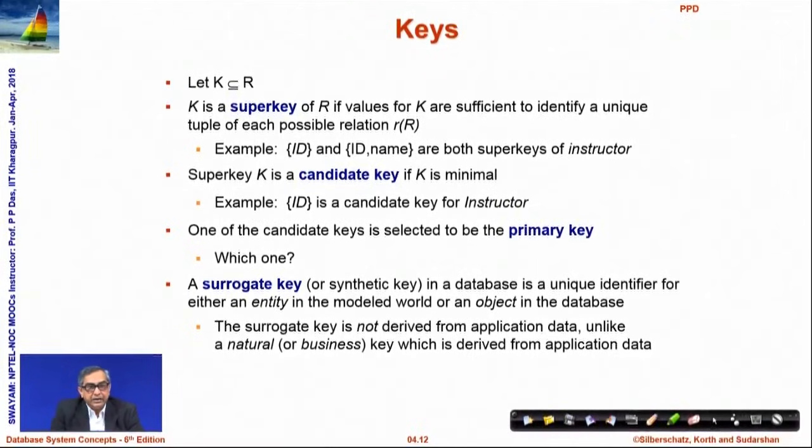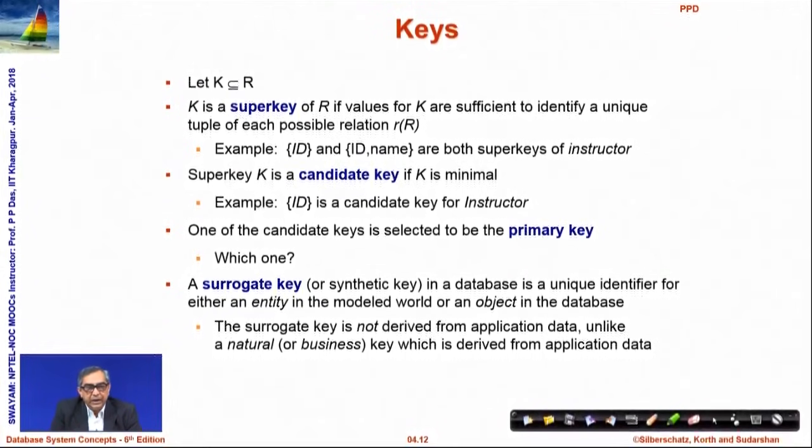And we will see that in some cases there is the concept of surrogate keys. If I have a relation where there is no attribute whose value can uniquely identify each and every row of the table, then I might synthetically generate a value. For example, I can generate a serial number and say that this is my value.